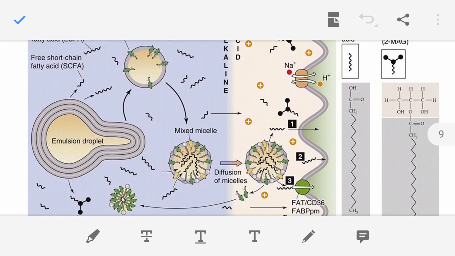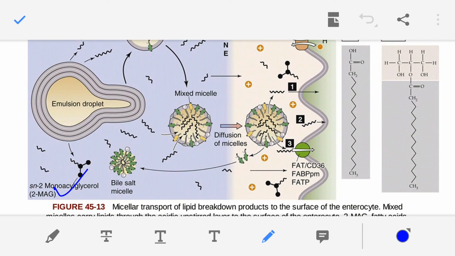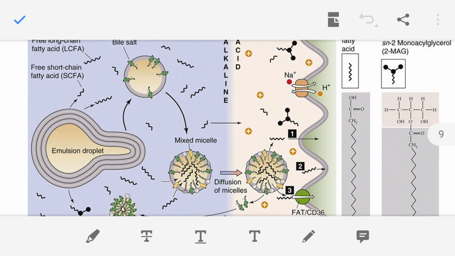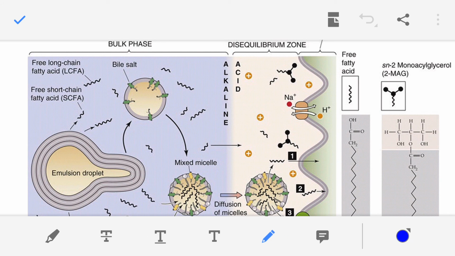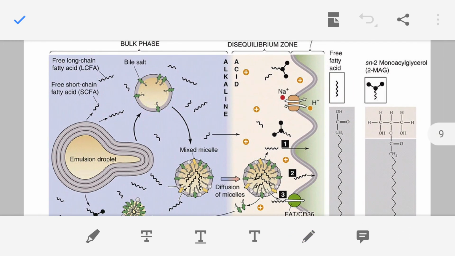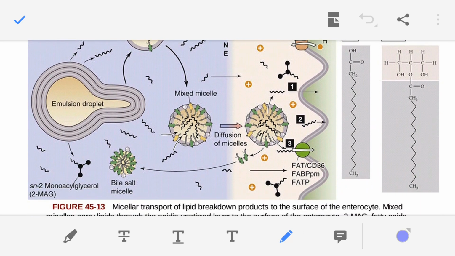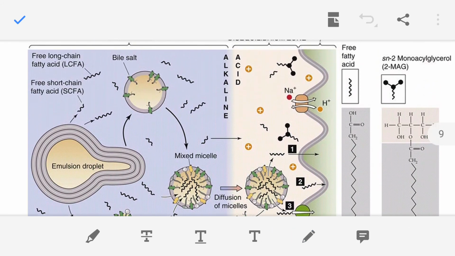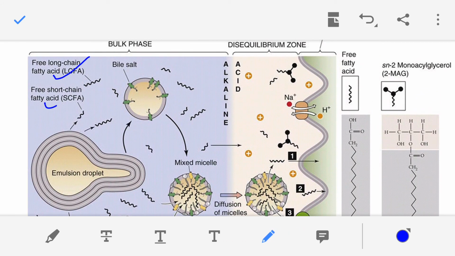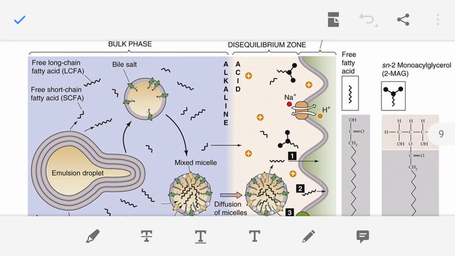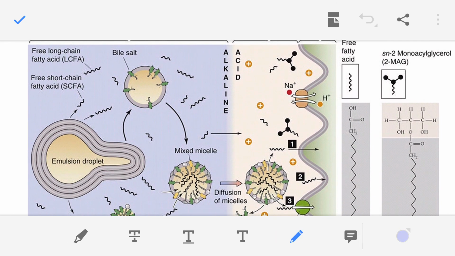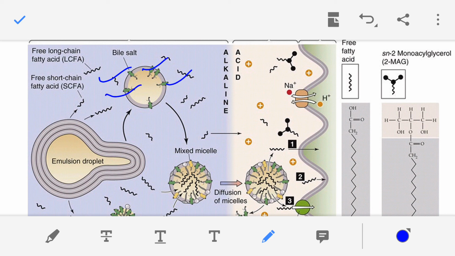So lipids are digested and monoglyceride is formed, and from this droplet along with monoglyceride, long chain fatty acids and short chain fatty acids are released. Now, this released monoglyceride and released short chain and long chain fatty acids are all covered by the bile salt.